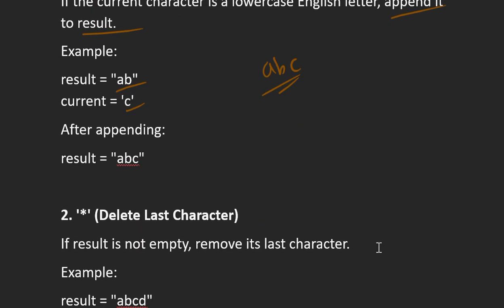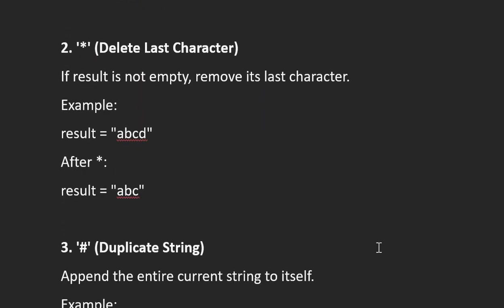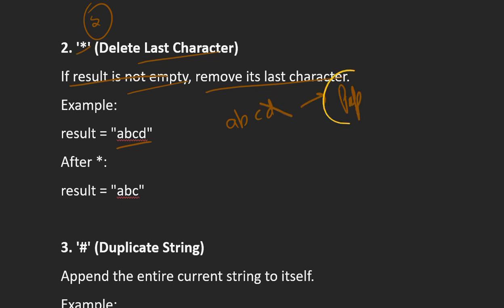And if we get a star in string s, then we delete the last character. But before deleting it, we have to check whether our result is empty or not. If it is not empty, then we remove the last character, right? So if our result is abcd and we get a star, we pop the last character, so we get abc.